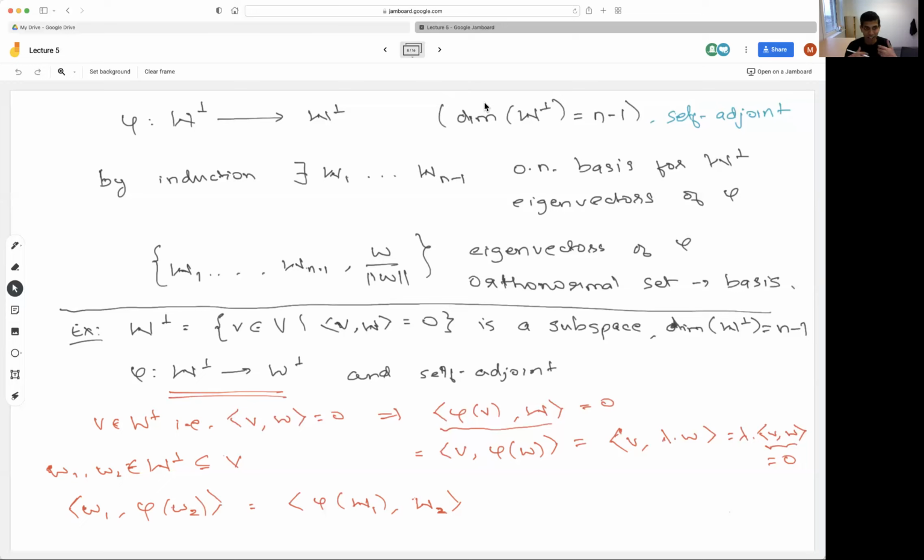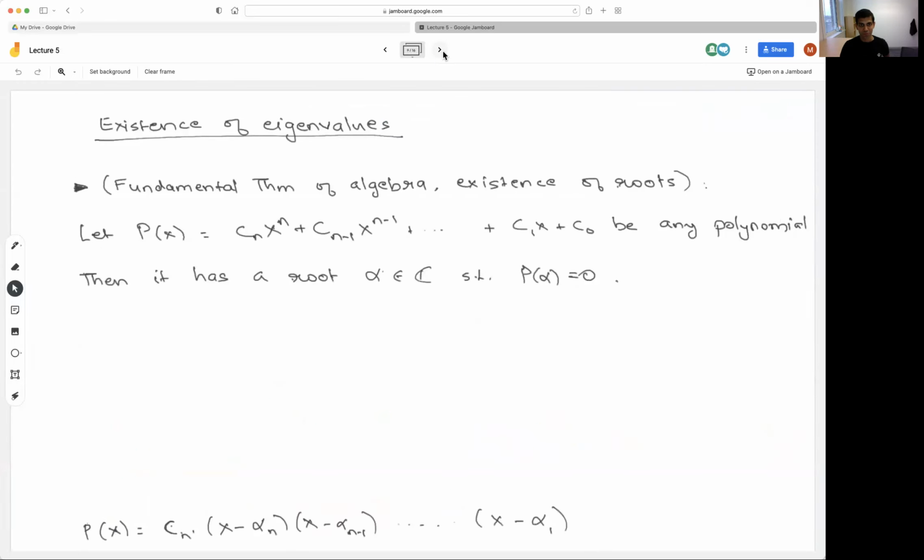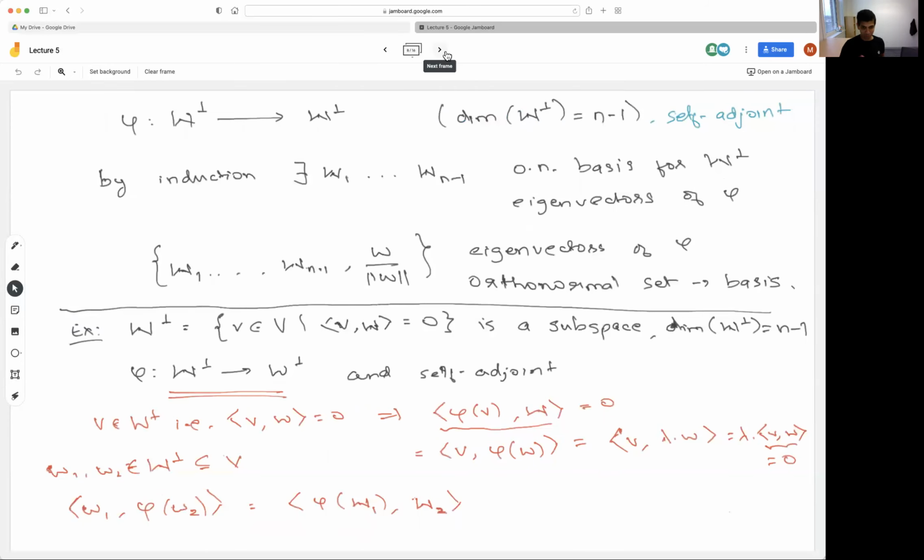So by induction, you can find an orthonormal basis for this space and then put back the eigenvector you started with. Any questions? Feel free to ask me to revisit something if something is unclear. Okay. Otherwise, I'll proceed to the next part of the proof.